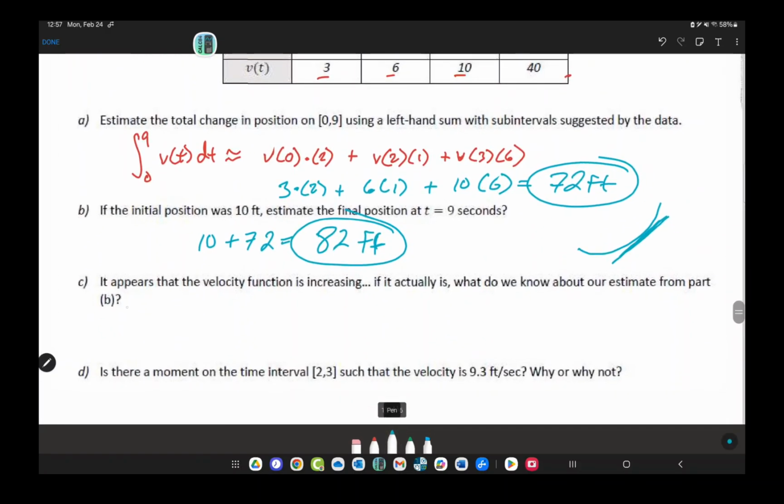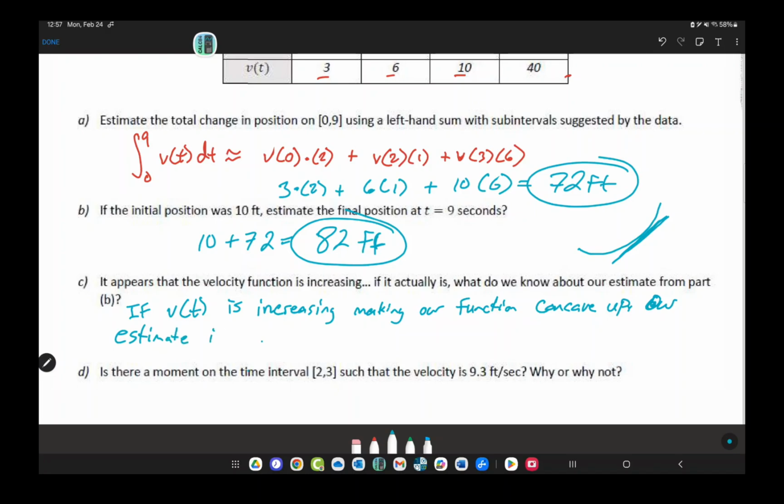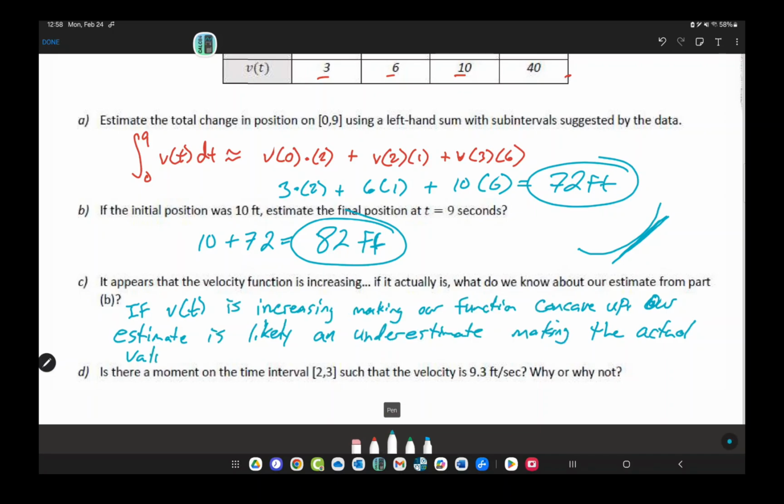So if v of t is increasing, our function is concave up, our estimate is likely an underestimate, making the actual value greater. That's from part B, not from part A. So we're assuming we start with 10 feet in the position.